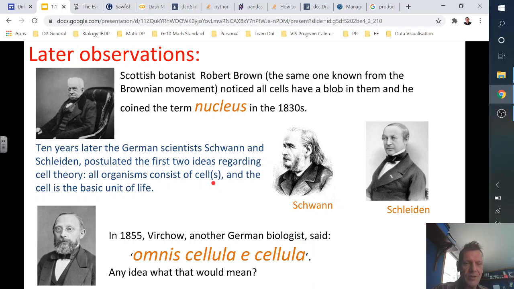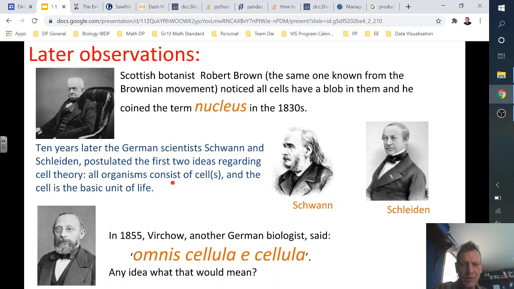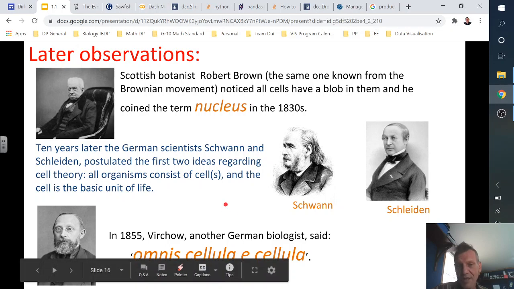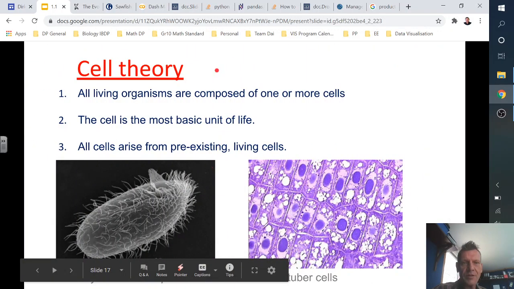And then there was a fella also from Germany, Virchow, and he said something one morning, much to the delight of people around him, I'm sure. He said, omnis cellula e cellula. Omnis means all, cellula refers to cells, e means from, so this means all cells are from cells. And that is the basis of cell theory.